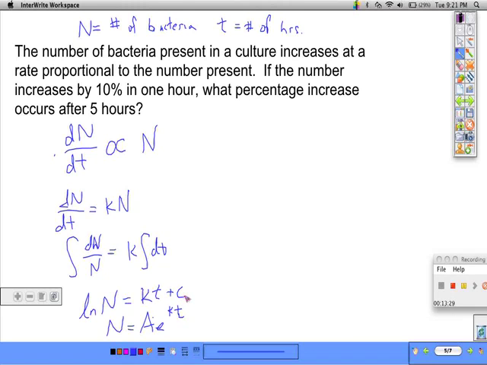We know that at t equals 0, the amount present is equal to the initial amount. So let's call that n sub 0, initial amount. So we now can write n equals n sub 0 e to the kt.